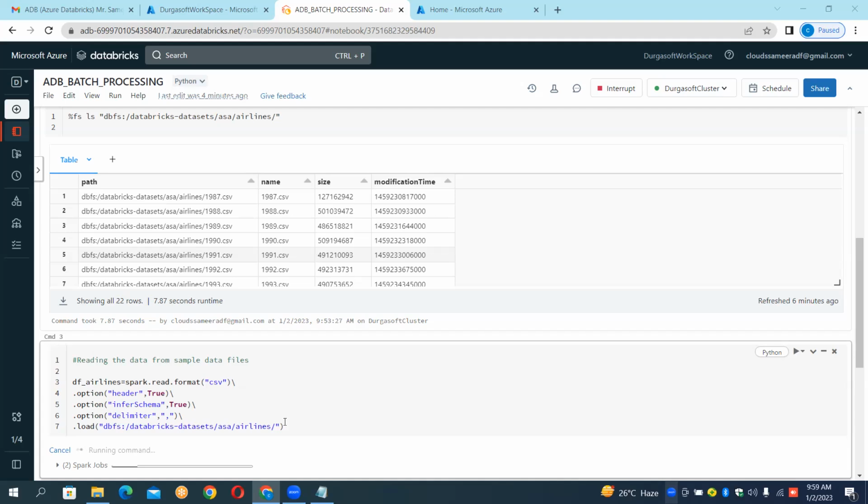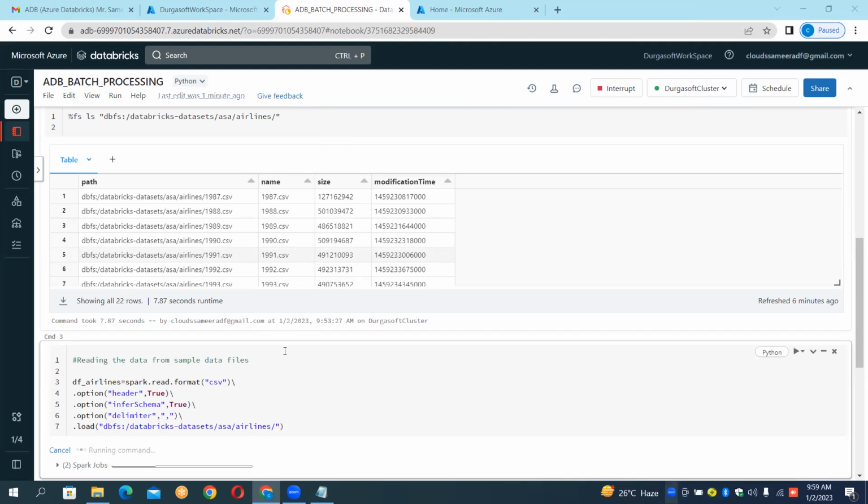Yes, sir, I think there is no CSV file, right? Airlines is not a CSV file, it is a folder. Within that, we have all these CSV files.